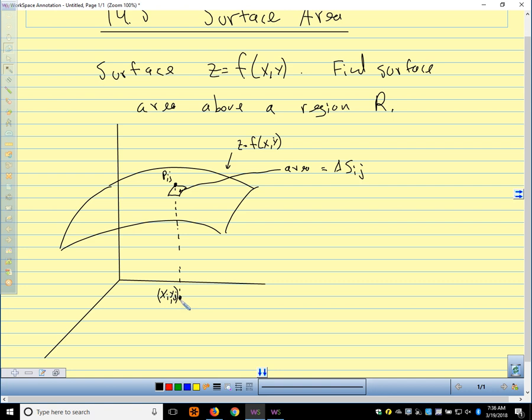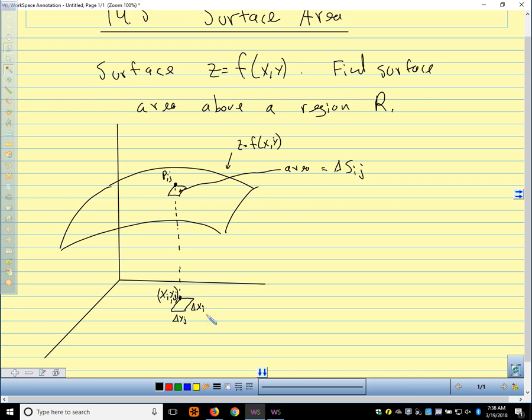And in the xy plane, we get little rectangles when we project that down. In the xy plane, this side of the little rectangle is going to be delta y sub j, and this side would be delta x sub i. And what we want to do is sum all of these little delta S sub ij's over the surface.